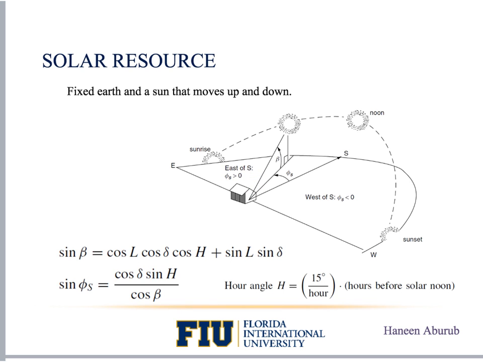Now for example, for the time of the day, if we said 11 a.m. in solar time, 11 a.m. in solar time is 1 hour before the sun crosses your local meridian due south for most of us.